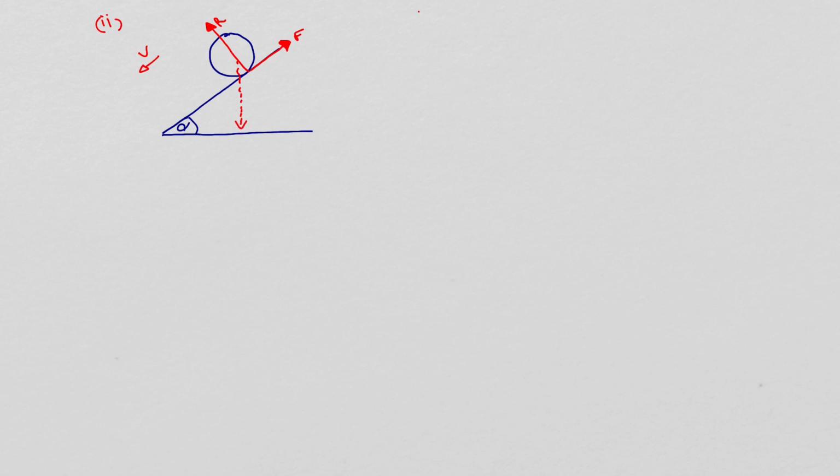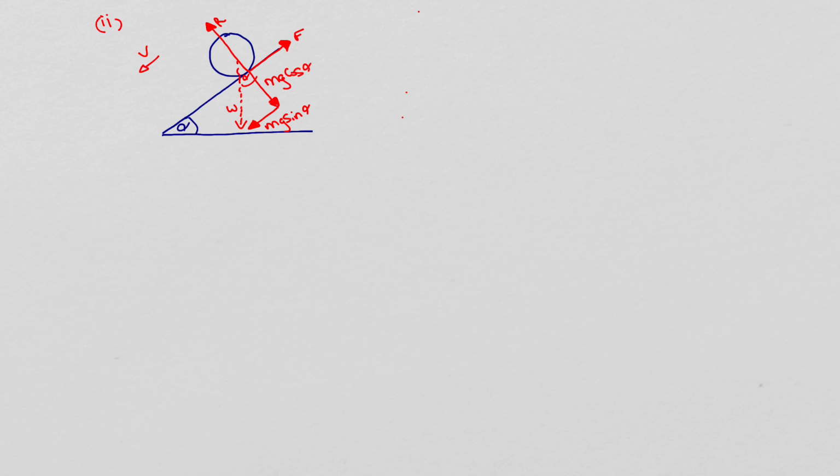So if I resolve my weight into my parallel and perpendicular components, this angle here must be alpha. So therefore we end up with mg sine alpha, the opposite, and mg cos alpha, the adjacent.